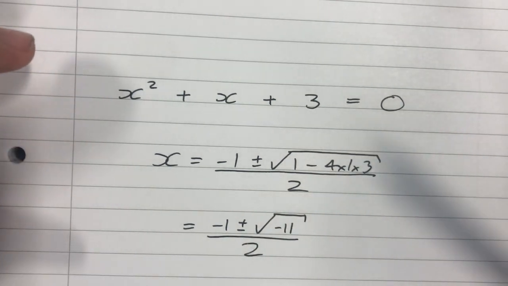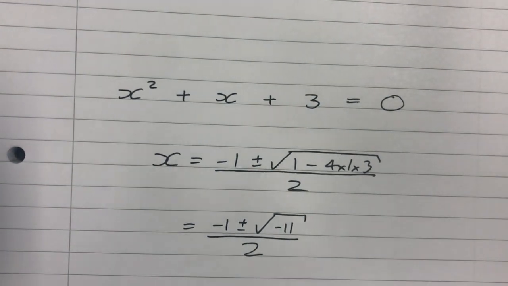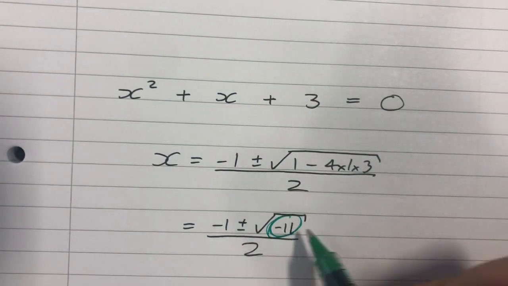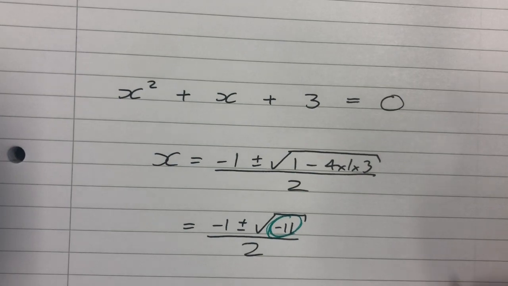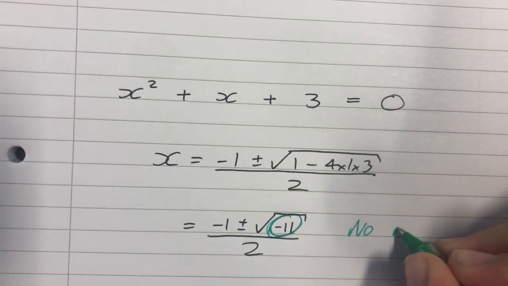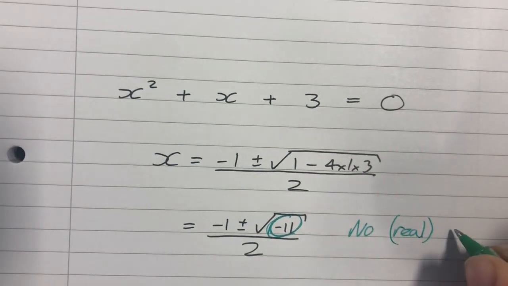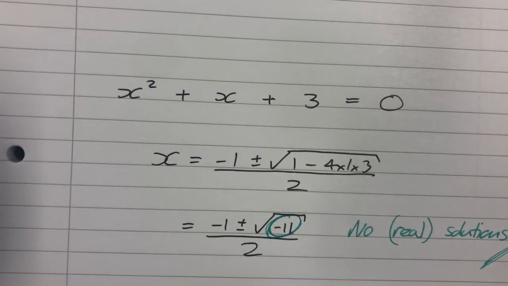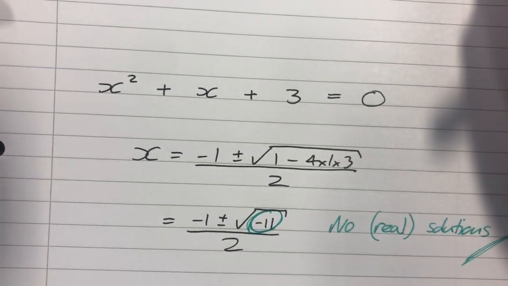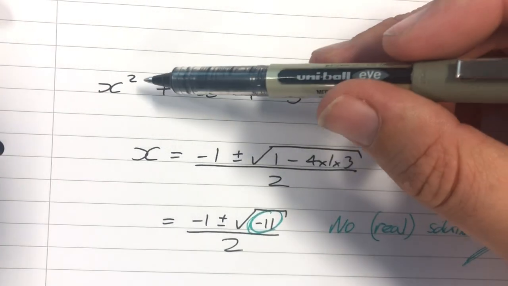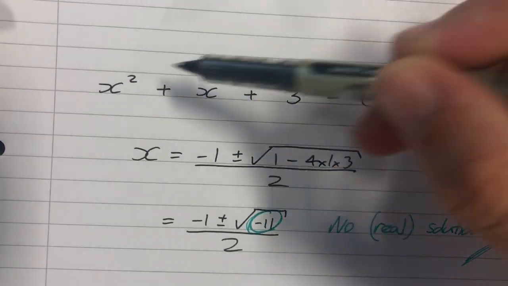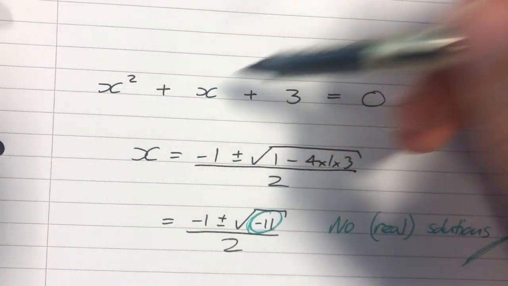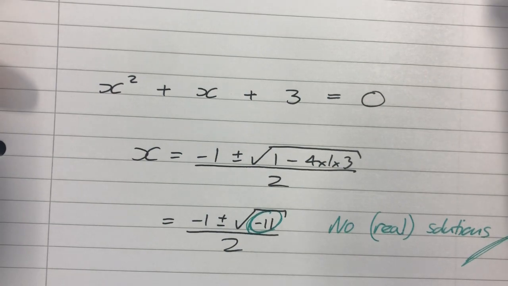Well, this is one of those situations where b squared minus 4ac was negative, and we're trying to square root a negative number, so there are no real solutions. Okay, because you can't square root a negative number in the set of real numbers. So this equation has no solutions. There are no values of x which make this true.